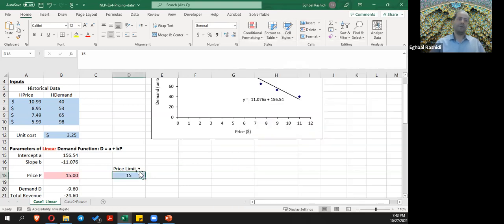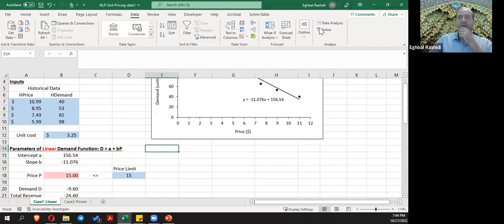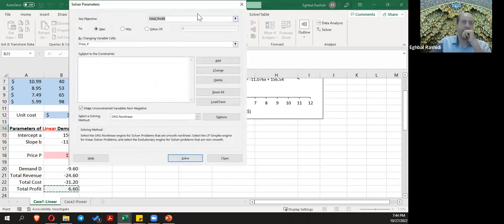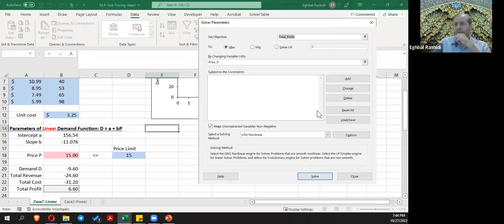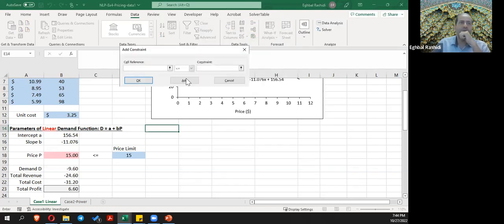We assume that this is another input. We want this to be less than 15. Okay, let me go back to the solver again. I'm going to add a constraint here, and that is the price should be less than or equal to 15.